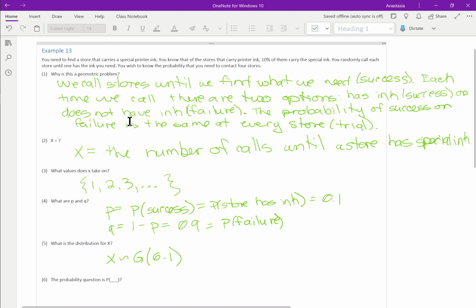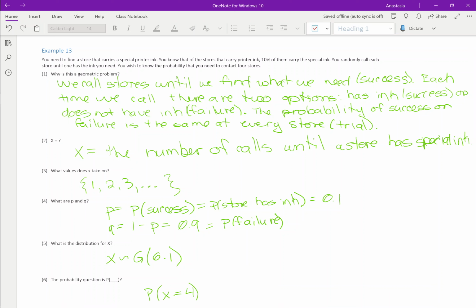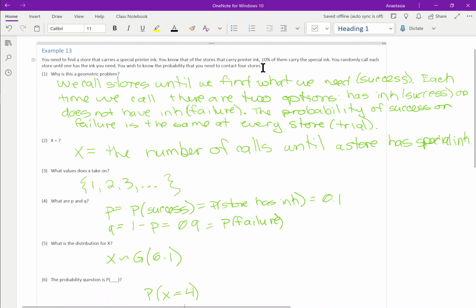Now, the problem says you wish to know the probability that you need to contact 4 stores. So the probability question is probability that x is equal to 4. You need to contact 4 stores, not 4 or less, but just 4 stores.